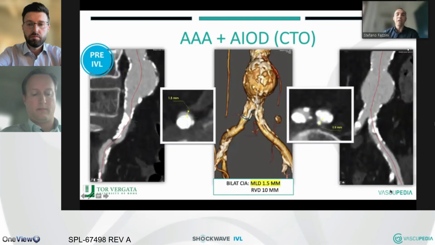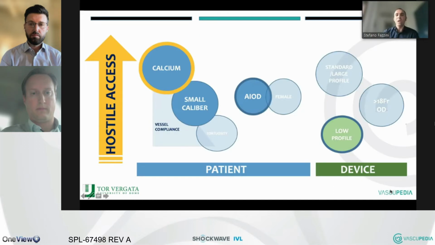You can clearly see in this picture two eccentric calcifications, I could say 90%, with a 1.5 millimeter minimum lumen diameter, with a small aneurysm that was rapidly growing. So we would like to treat this kind of patient with an EVAR, treating the associated pathology.